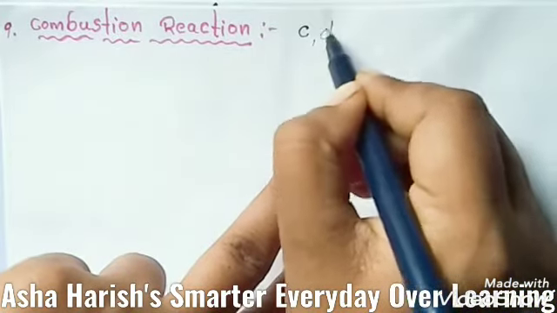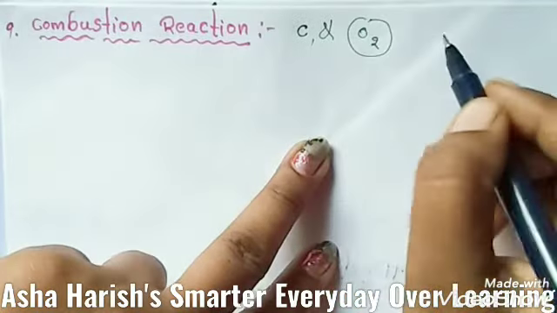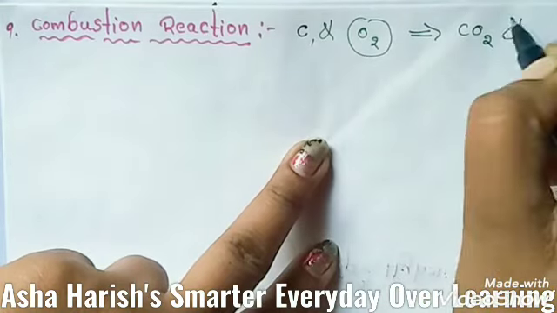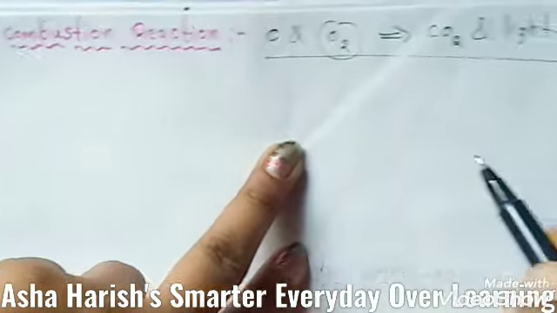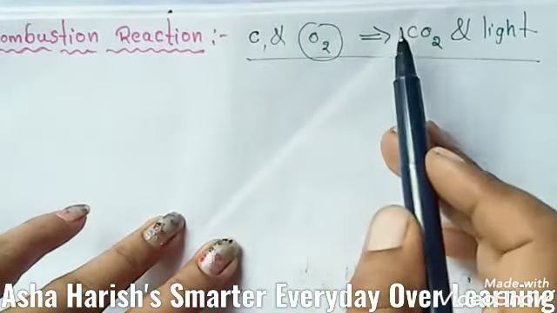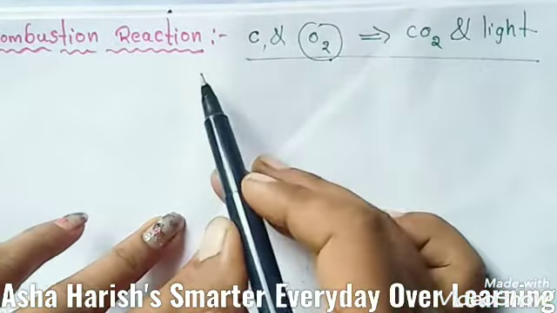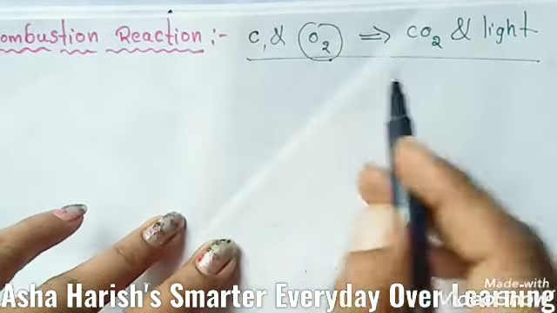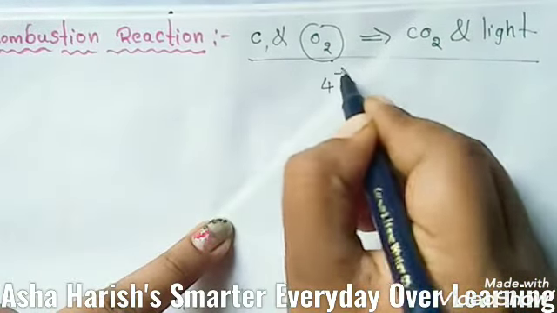Carbon and its compounds burn in the presence of O2 or air to produce CO2 and some light also. This is the basic principle. This process of burning of carbon or carbon compounds in excess of oxygen to give heat and light is called combustion reaction.